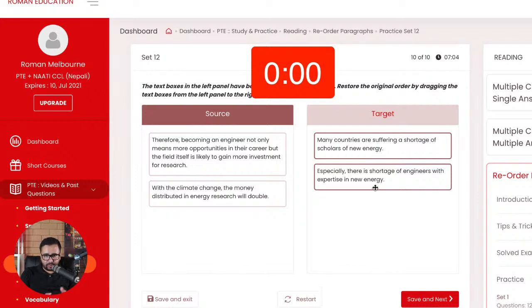This is one possibility. Another possibility is we start with the climate change, the money distributed in energy research will double. Therefore, becoming an engineer not only means more opportunities in their career, but the field itself is likely to gain more investment for research. Which means one of them is the last sentence. Now you have to decide which could be the conclusion here.